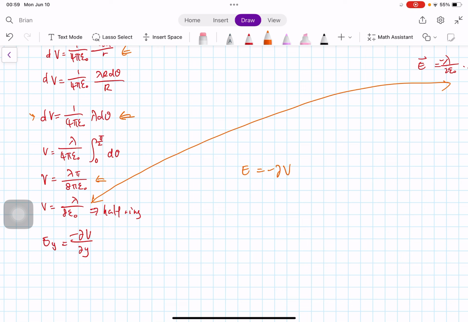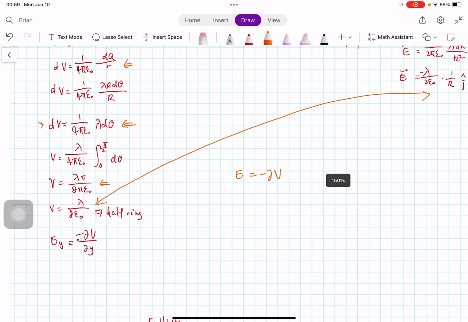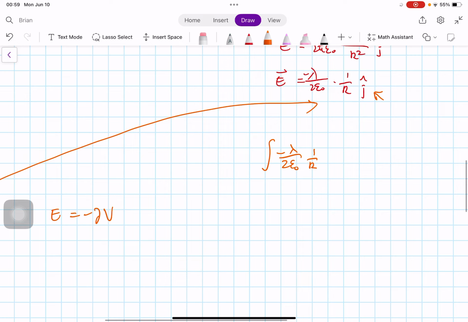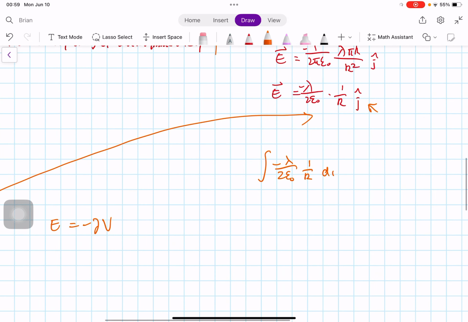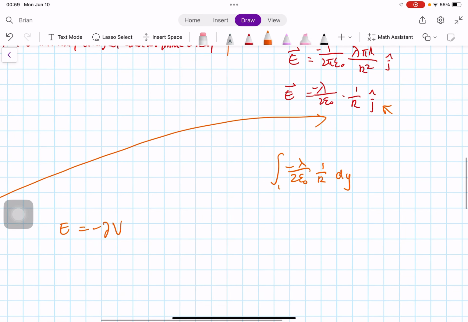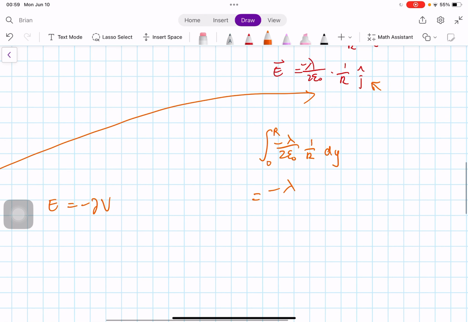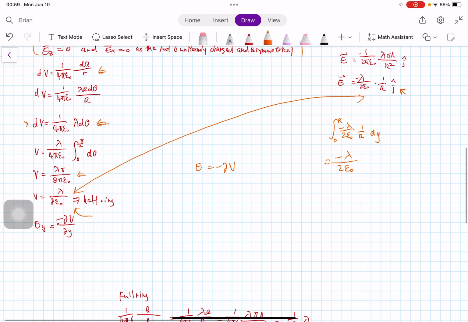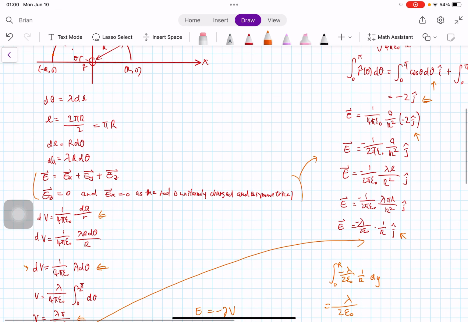And since there's only electric force on the y-axis, what I originally thought was if I integrate this electric force with dy, with y from 0 to r, I eventually get negative lambda over 2 epsilon naught. And this is not the same result I get from this one right here, which is lambda over 2 epsilon naught. Oh, I have to put a negative, so the negative will cancel out. And this is not the one I have if I do the approach in here.